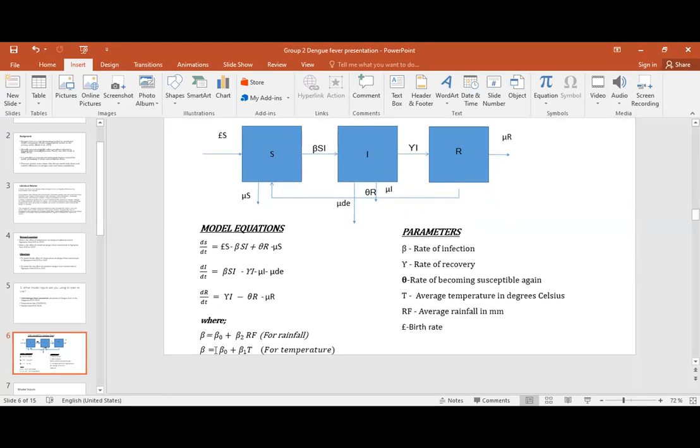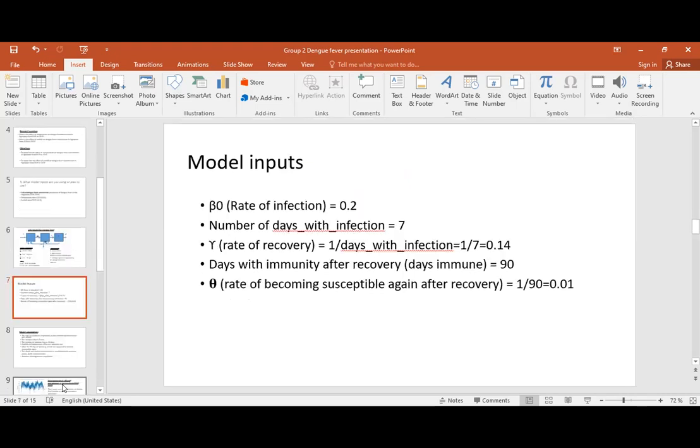And then we are looking at rainfall and temperature. So our beta, in terms of rainfall, we have beta naught plus B2 RF, and for temperature, we have beta naught plus B1 T. I request my other group members to continue. Beta naught, rate of infection, we consider it as 0.2.